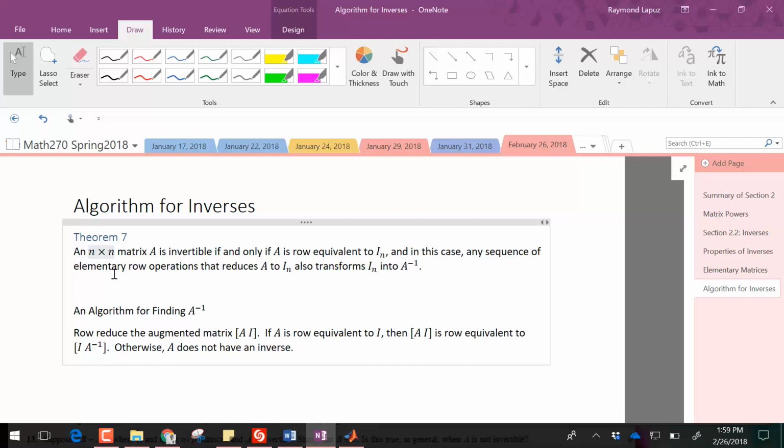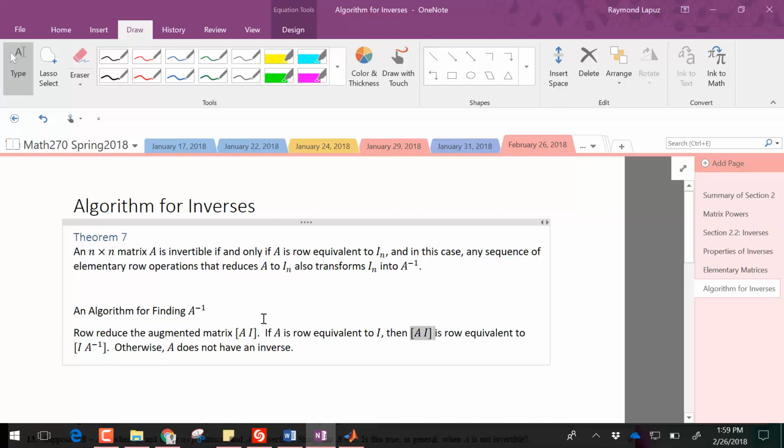That means you can do a bunch of row reducing to the A matrix and eventually get to the identity. And in this case, any sequence of elementary row operations that reduces A to the identity also transforms the identity to the inverse. So this theorem would make a lot more sense after we do an example, and the example is going to come from this algorithm.